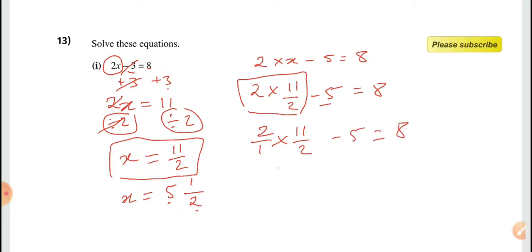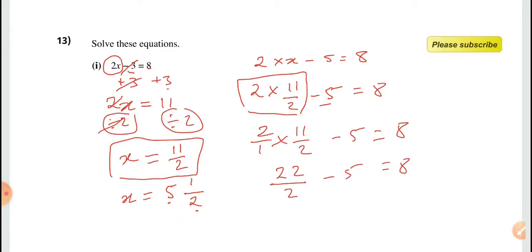Now if you multiply the fractions across, there will be another separate playlist for multiplying fractions. If you multiply the numerators of the two fractions, 2 times 11 is 22. If you multiply the denominators, 1 times 2 is just 2. And just write take away 3 is equal to 8.